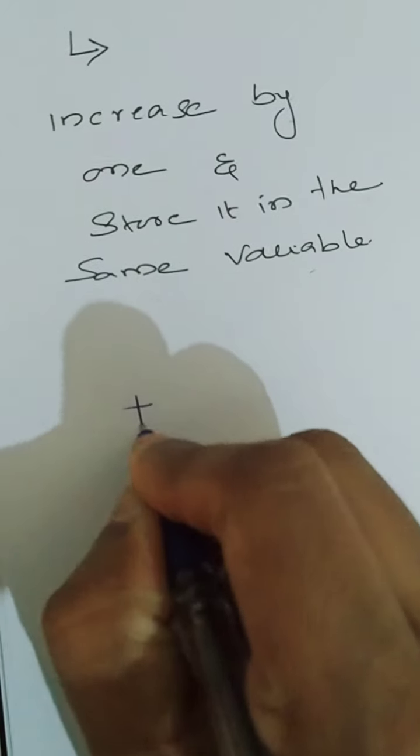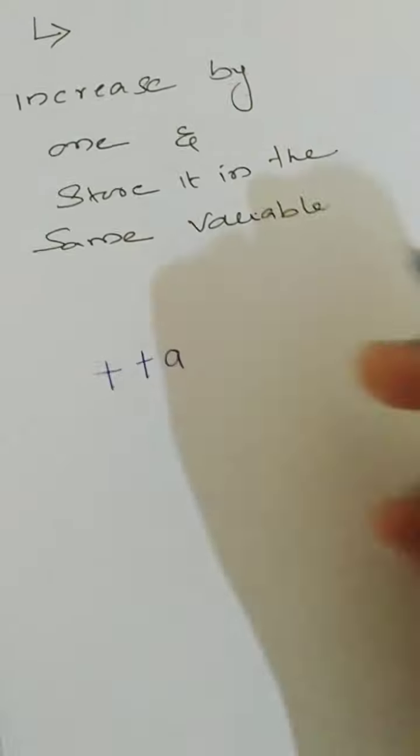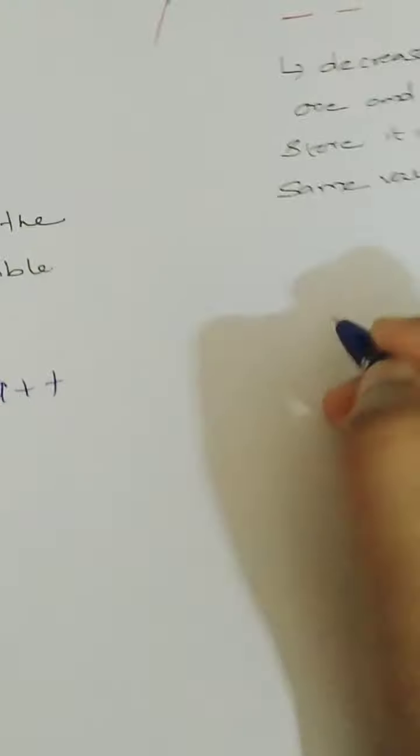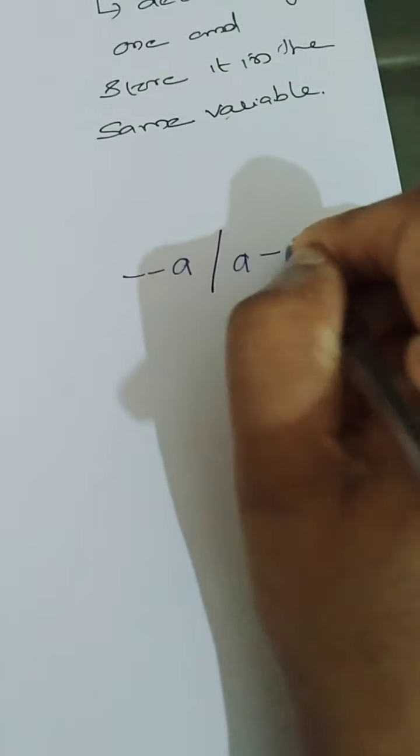I will show you an example. Suppose you have plus plus a, you write it like this, or you also have a plus plus. Here you have minus minus a or a minus minus. In this way you can write this.